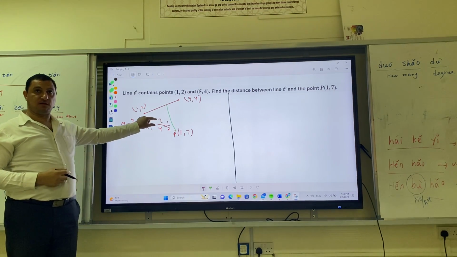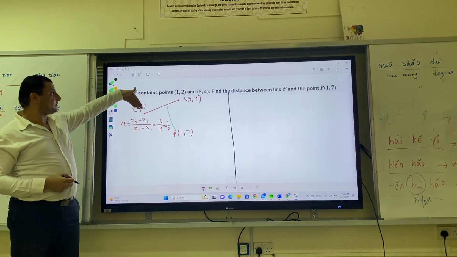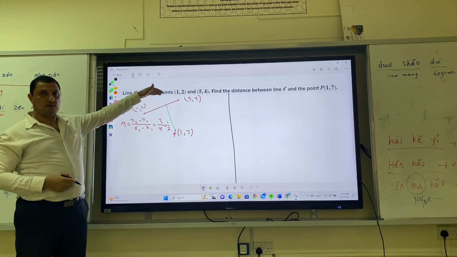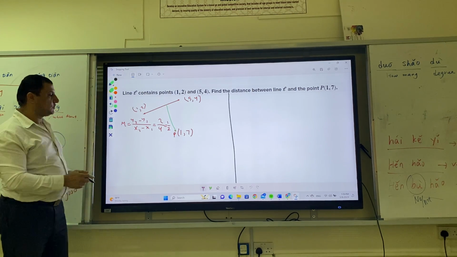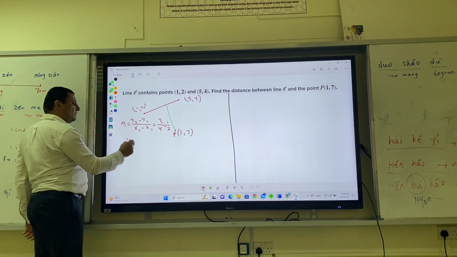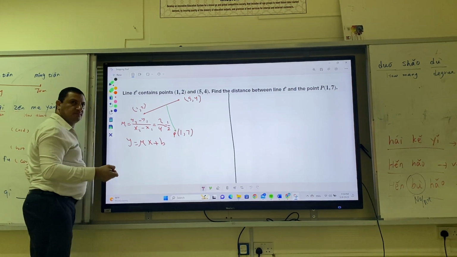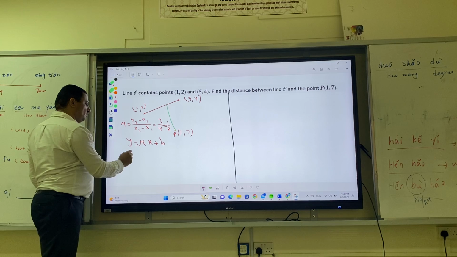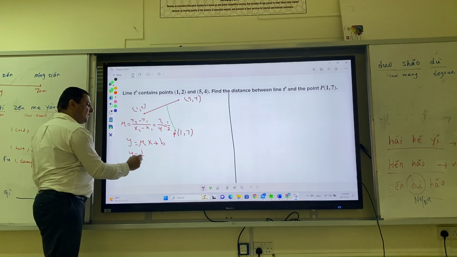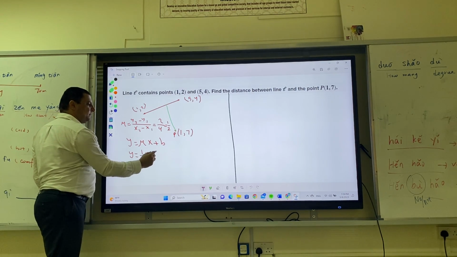if this is the slope, can I use it to write the equation of the line? Yes. Okay, so y equals mx plus b. The slope is already 1/2, so y equals half x plus b.